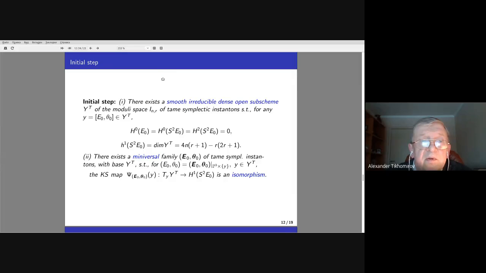Here we use the standard theorems of Rosenlicht about the action of reductive groups and generic smoothness, such that for any point in this open subscheme, these conditions are satisfied: H0 of E vanishes.